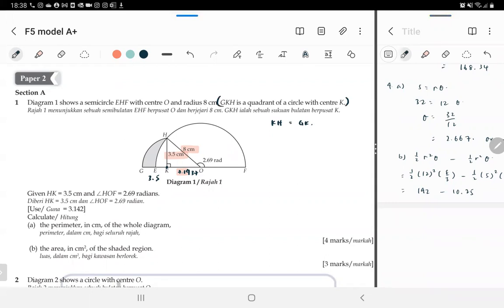GKH is a quadrant of a circle, so KH and KG both are radius. So if KH is 3.5, KG will be 3.5 also. You need to get your EK first, then only can you get GE.